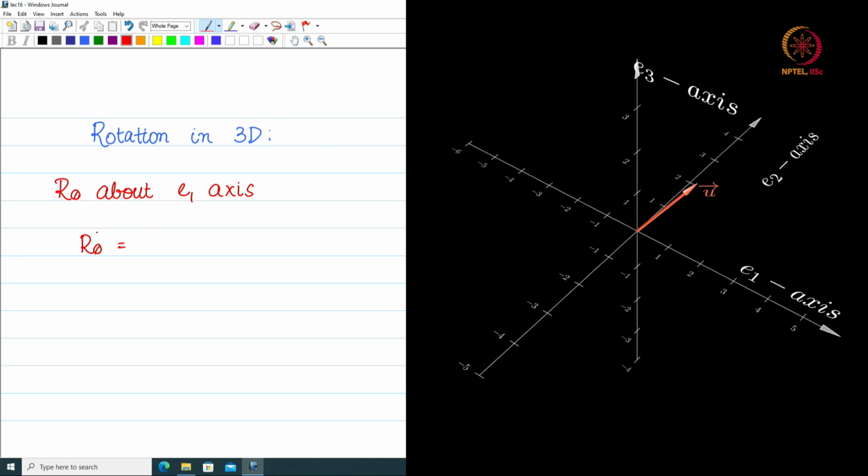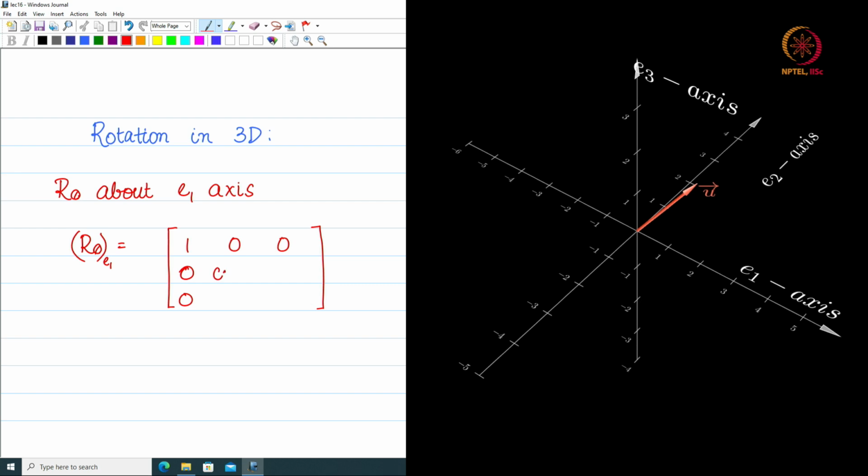I am going to call this rotation theta about the E1 axis. I am going to have a matrix where the first component is fixed, it does not change, whereas the second and third components lie along the x2 x3 plane, and that is where the rotation is going to happen.